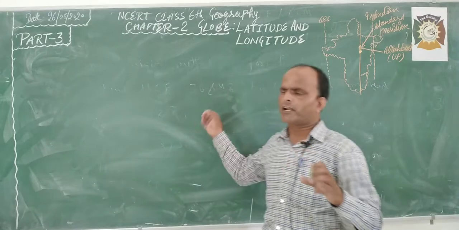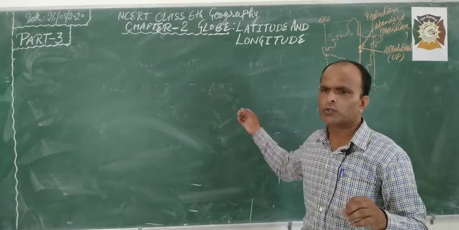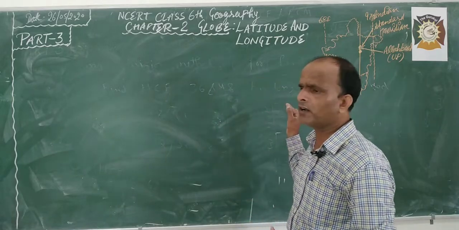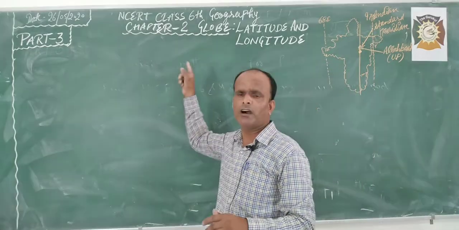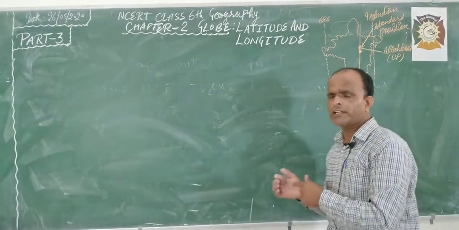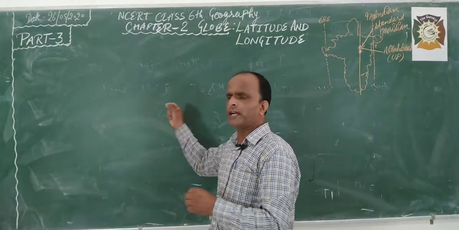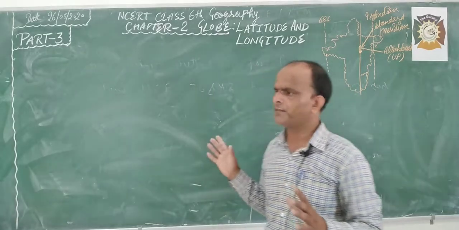These are the grids on the globe, horizontal and vertical lines. Where they intersect each other, that is the location of that particular place.